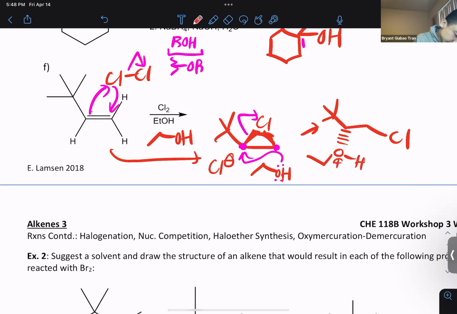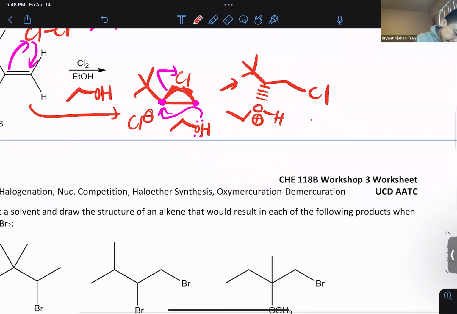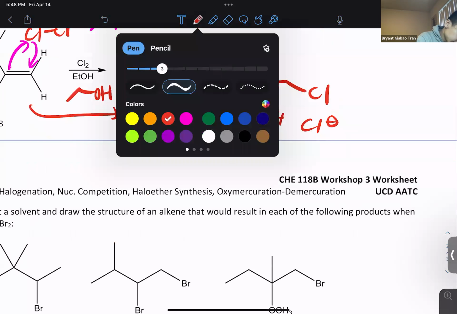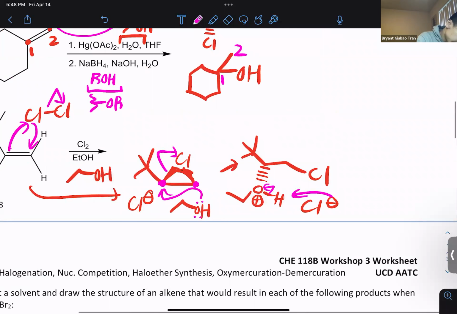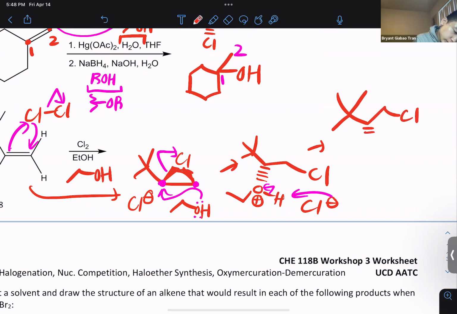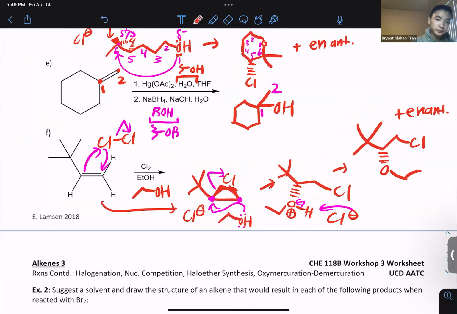That oxygen still has a hydrogen, so that we can deprotonate that with the Cl minus to neutralize that oxygen. Then we can redraw this so it's neater. And its enantiomer version of it. So those are the products of that practice problem here.